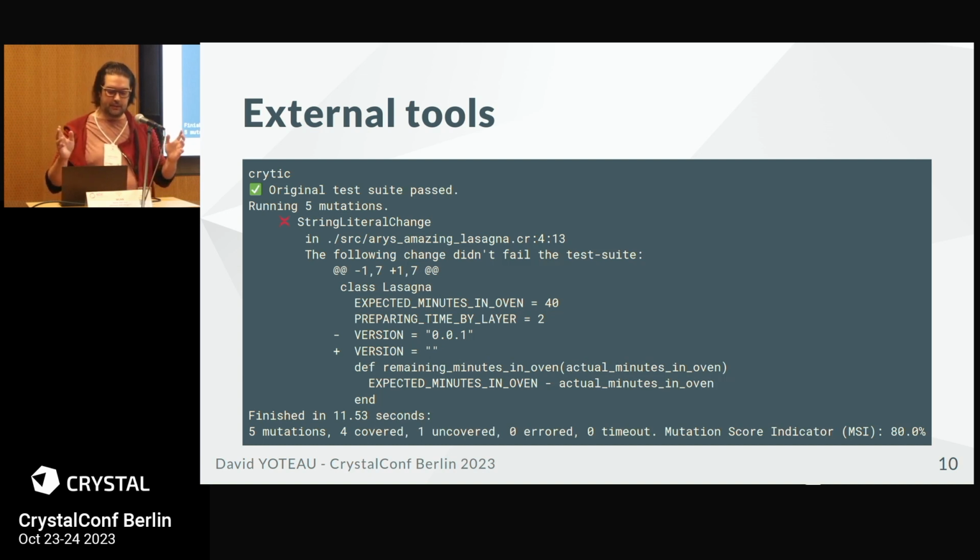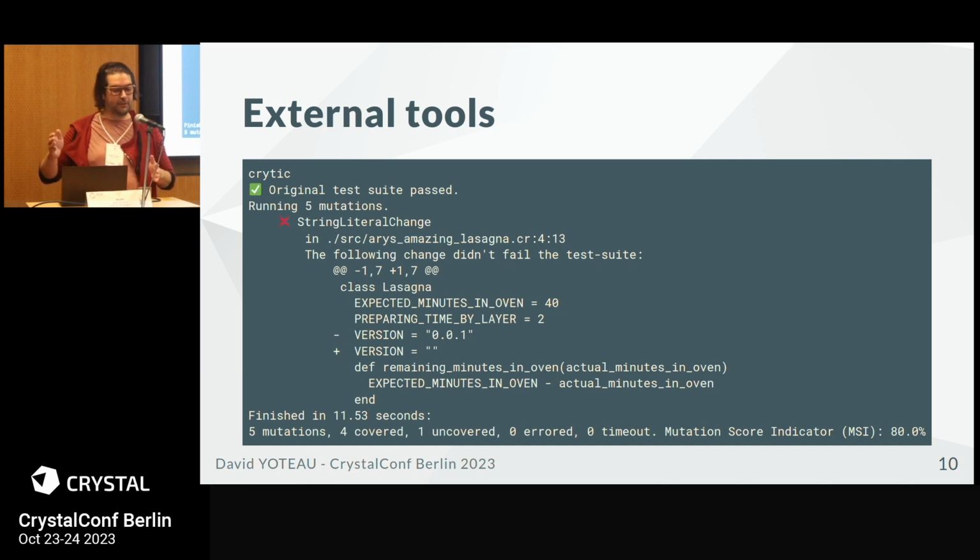You can take the execution time of one Crystal spec run and multiply it by the number of mutations. So in a big application, that time is very long.